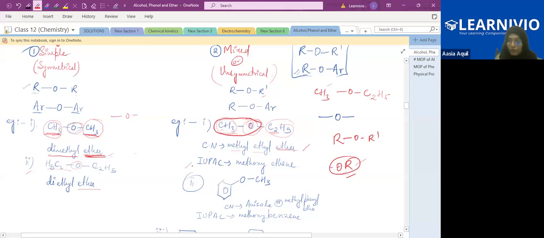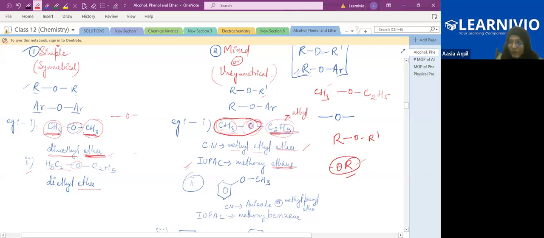So how to write down the name according to the IUPAC nomenclature? This is an ethyl group. The greater number of carbon, you will take as the ethane group, as the parent chain.